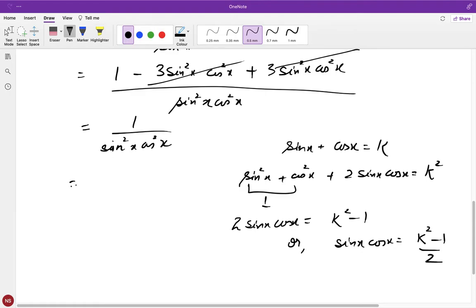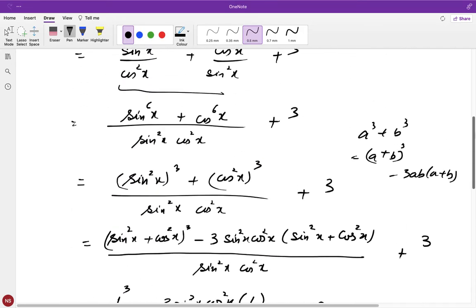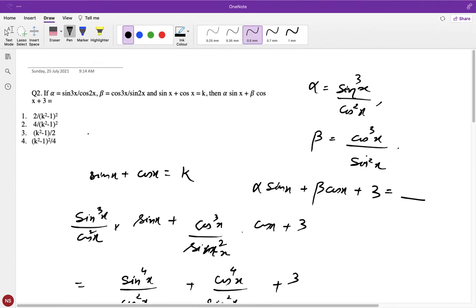So this thing is what now? Sin x cos x whole square, right? And sin x cos x is k square minus 1 by 2. So whole square. 2 will go up. 2 square is 4. 4 by k square minus 1 whole square. So this is the correct option.